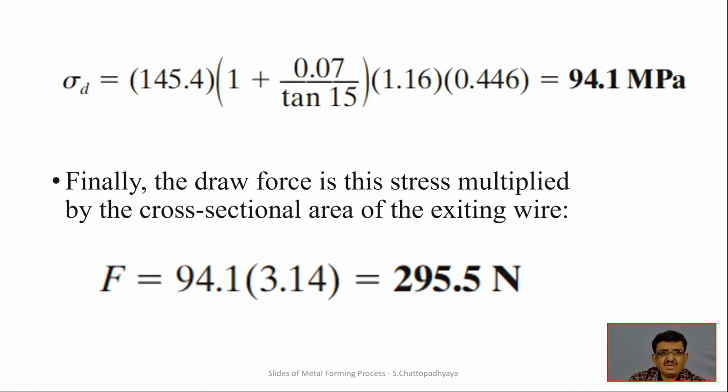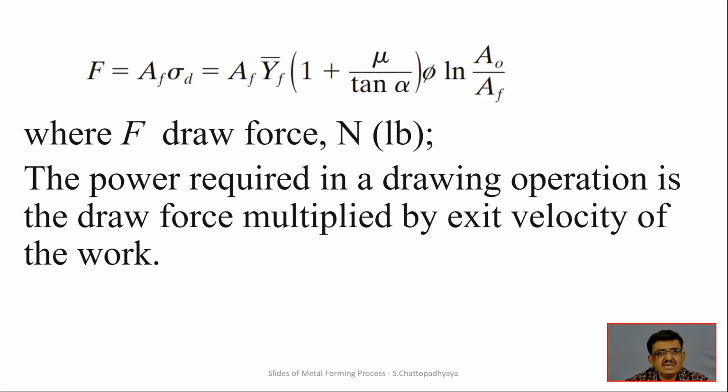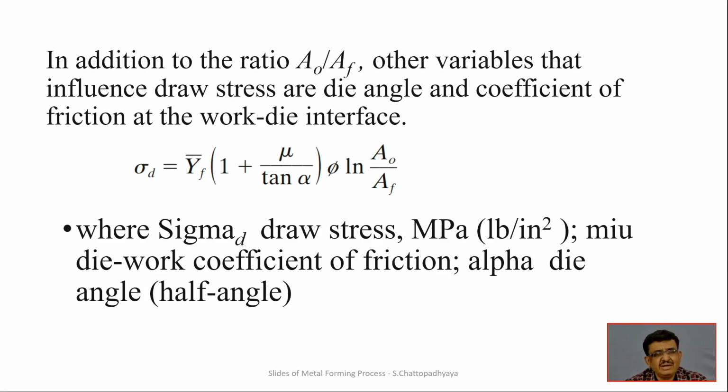And whenever the average flow stress is there, then we can determine the value of sigma d. Sigma d is equal to Yf into 1 plus mu by tan alpha, alpha is 15 degree, and we put those values, one is 1.16 and the other is 0.446. So in the equation related to sigma d, Yf we know is already determined, 1 plus mu by tan alpha, the mu value we know, alpha 15 degree, and this phi value we have also calculated, and logarithm of A0 by Af is also calculated.